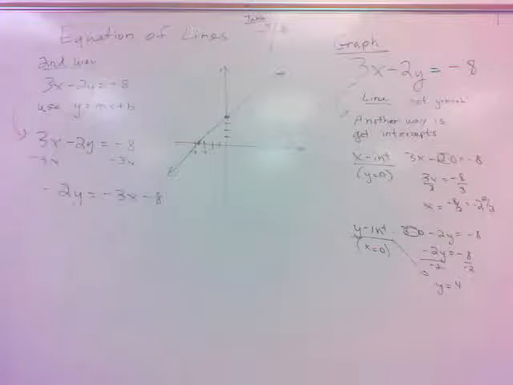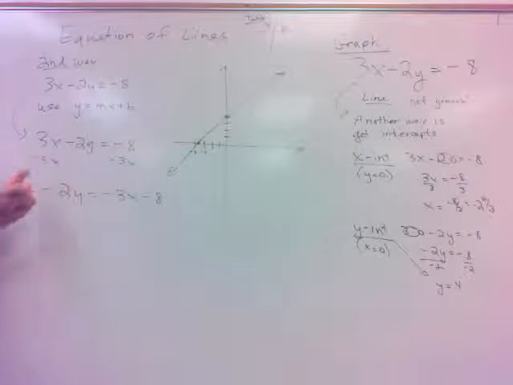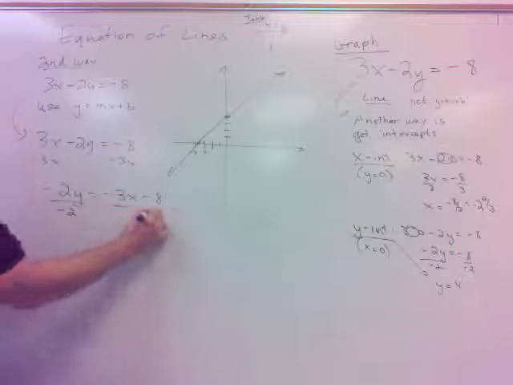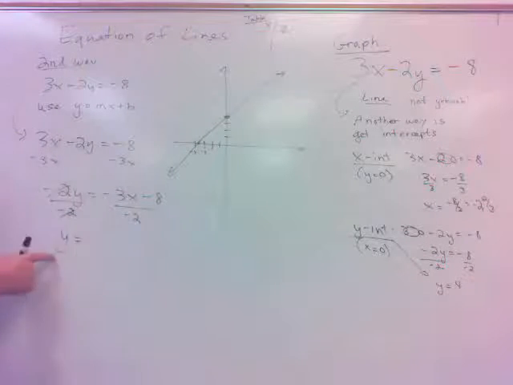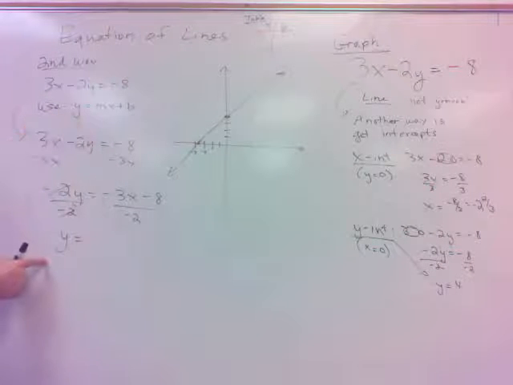So it's just minus 3x minus 8 on the right side over there. And then I would have to divide off the negative 2 on both sides. And that'll get me my y. I'll get the y by itself, like we were saying. To get y equals mx plus b, you need the y on a side by itself.